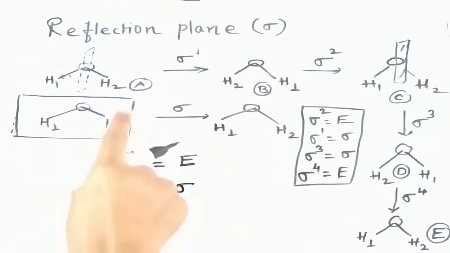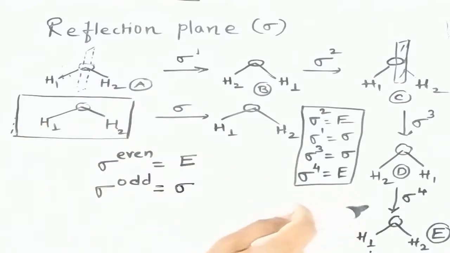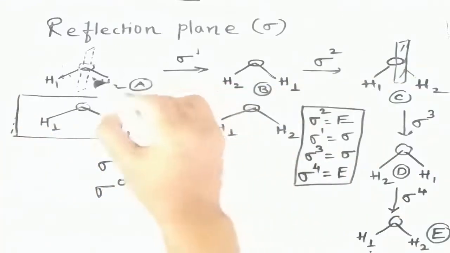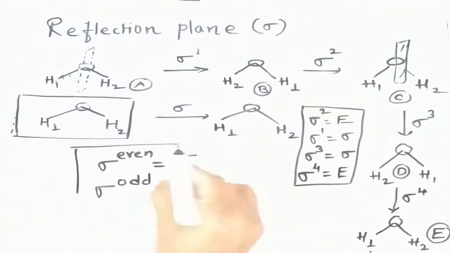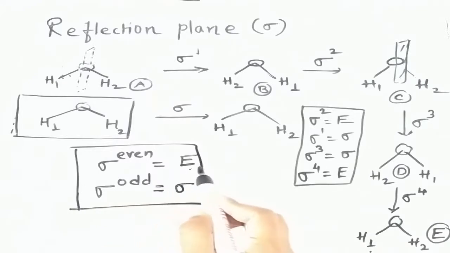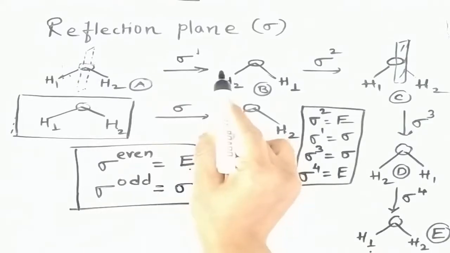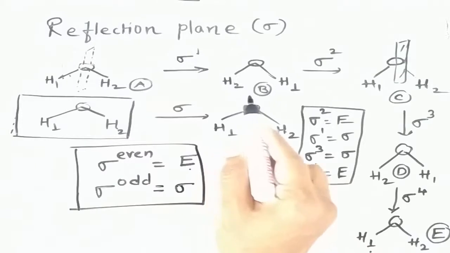If we operate sigma raised to 2 times, 4 times, 6 times, that will always be equal to the original molecule. Look at this molecule E which is sigma raised to 4, it is exactly equal to molecule A, whereas this one is also exactly equal to A. So remember my friends that sigma raised to even times will result into identity, whereas sigma raised to odd times will result into performing sigma once, that is only sigma.